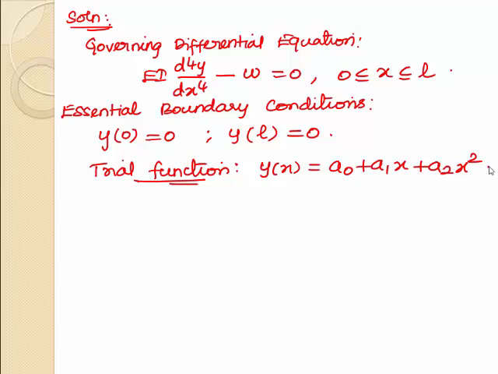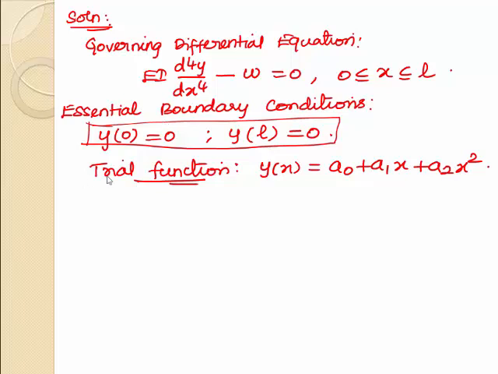To follow the Rayleigh-Ritz approach for solving structural problems, the main point to be noted is we have to use only essential boundary conditions while framing the trial function. We need not go with the natural boundary conditions. So I have taken only these two boundary conditions to finalize the trial function.